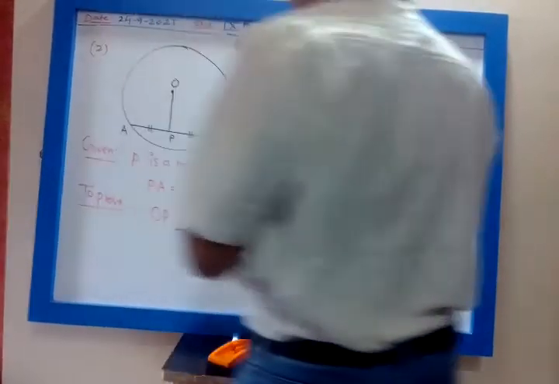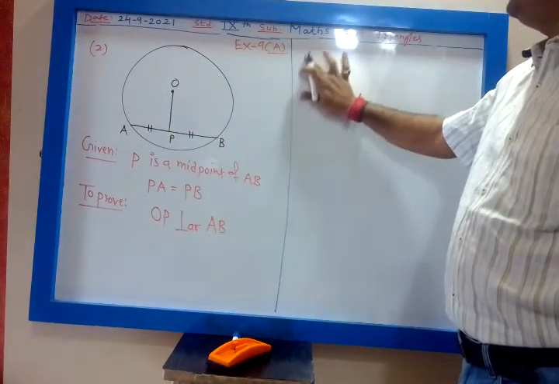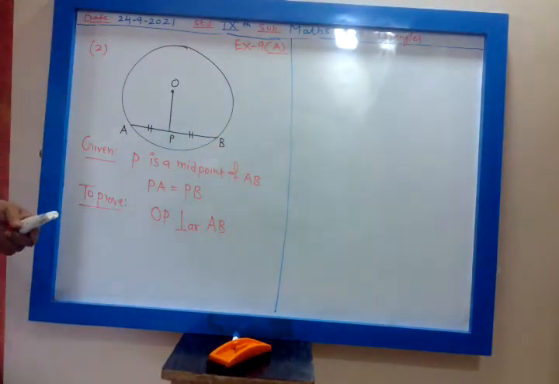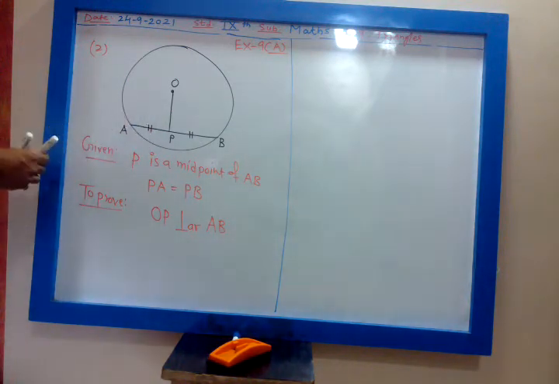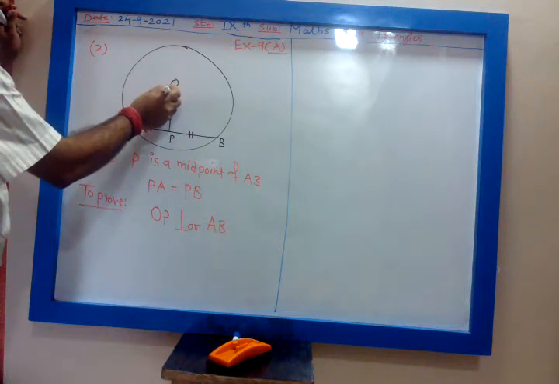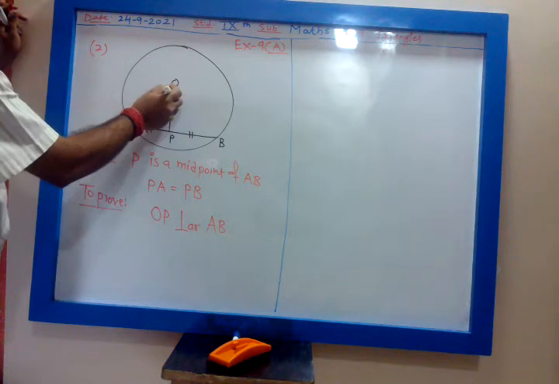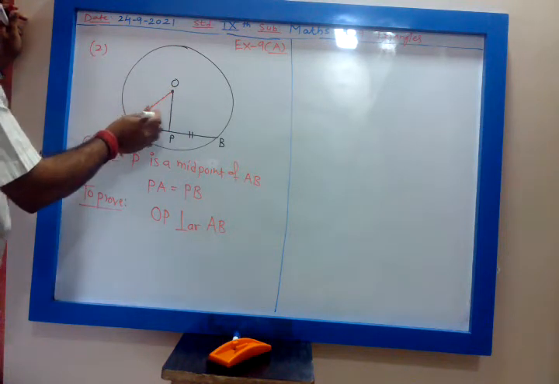Now write down the proof of this. Before that, we make one construction because we are studying triangles. Yes, we are studying triangles. So join OA and OB.